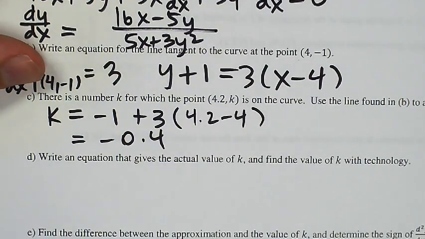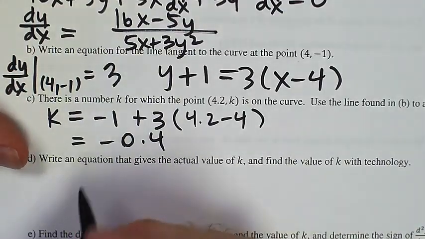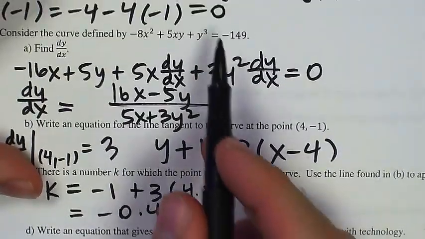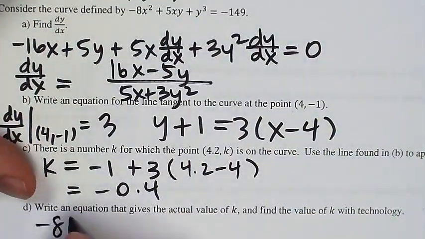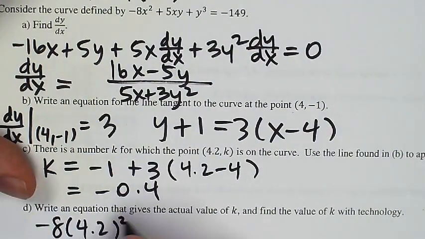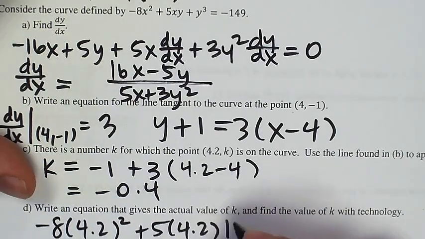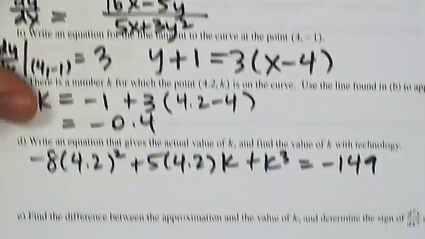Write an equation that gives the actual value of k and find the value of k with technology. Okay, well, x is 4.2 and y is k in this equation. So I'm going to just say negative 8 times 4.2 squared plus 5 times 4.2 times k plus k to the third equals negative 149.